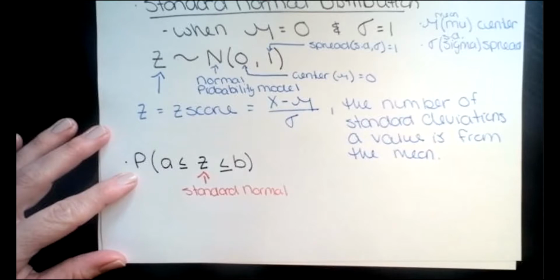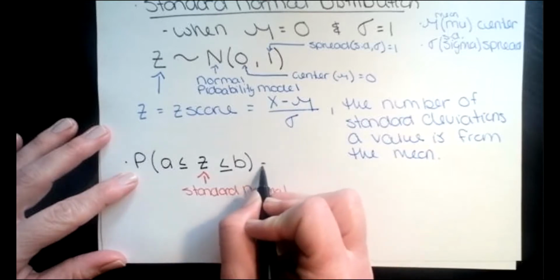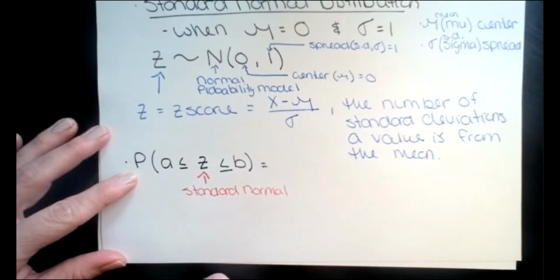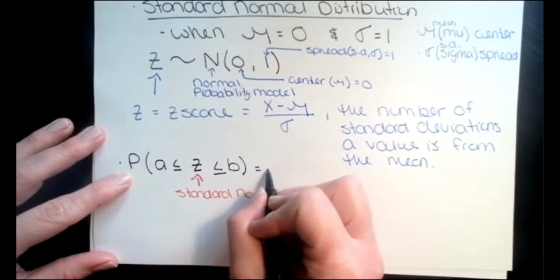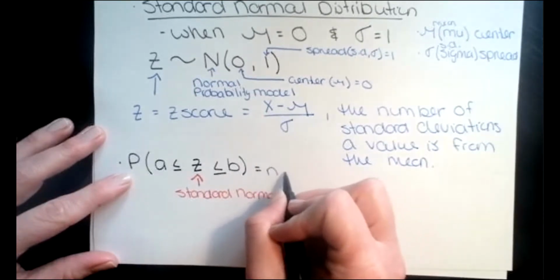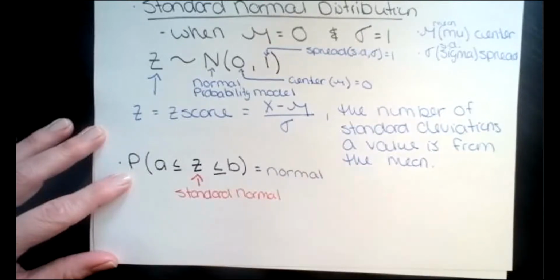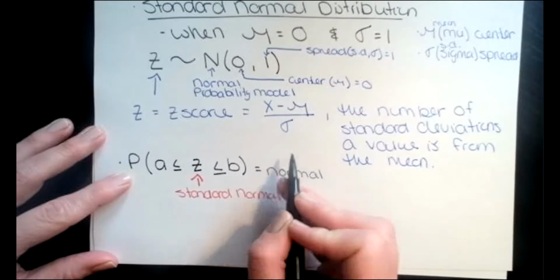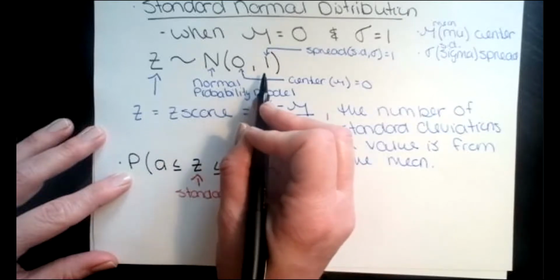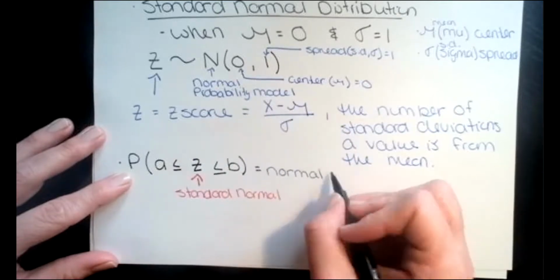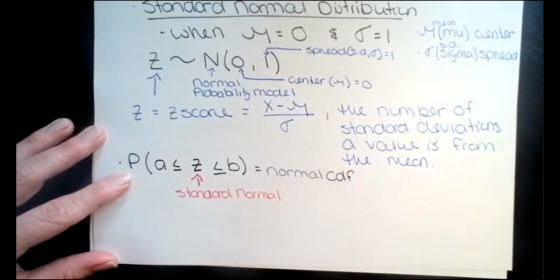Again, we're going to use the same thing as we did last class. So last class, if you remember, we used the normal CDF, and we're still going to do that. So my normal cumulative distribution function, same thing. It's just what I'm plugging in changes. So if I'm on my standard normal curve, then I need to know that my center is 0, my spread is 1. So normal CDF, okay?